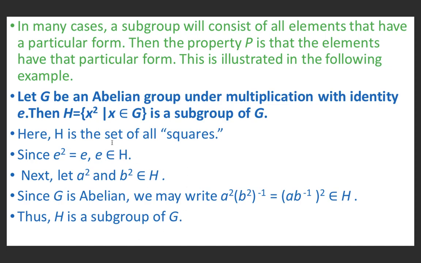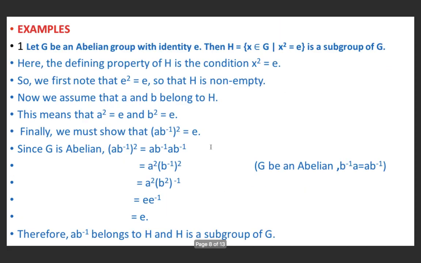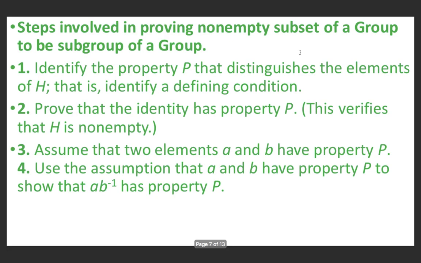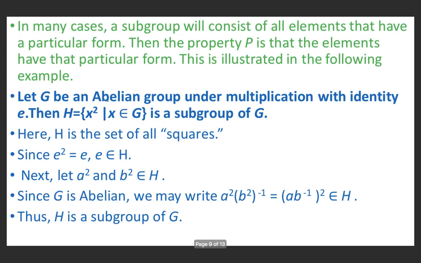Only here the defining condition is a bit different. In that case, the set was defined as X belonging to G such that X² equals E. Here H is the set of squares of elements of G.